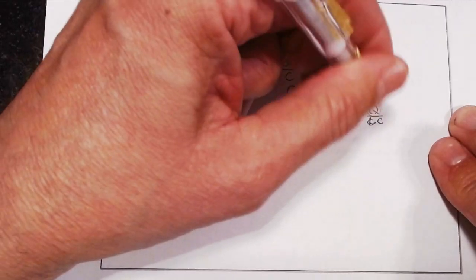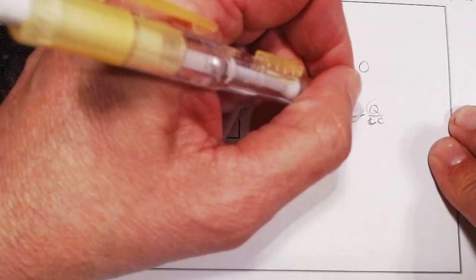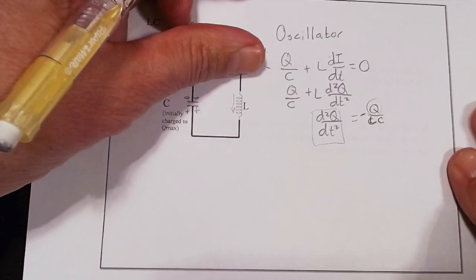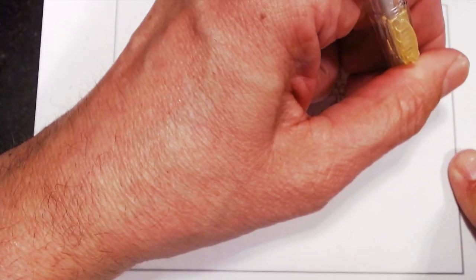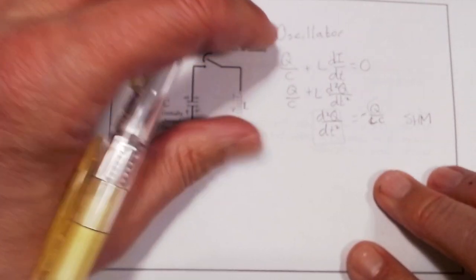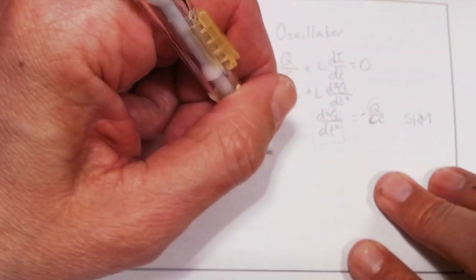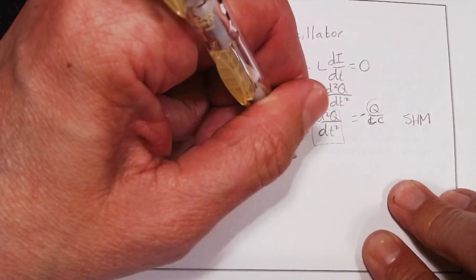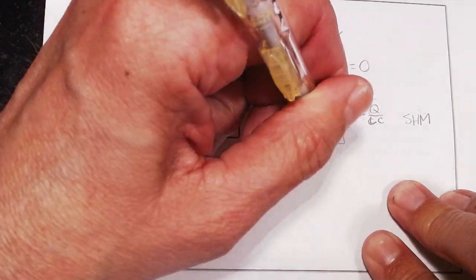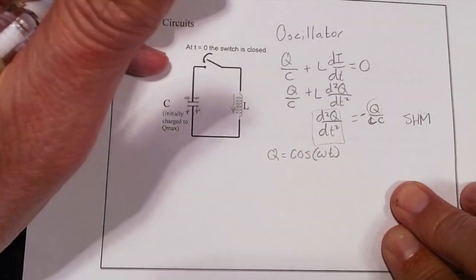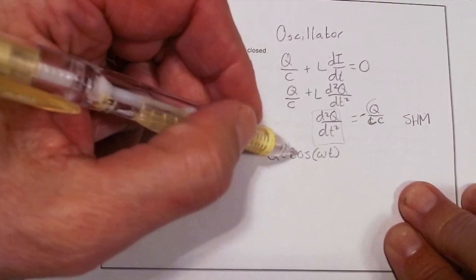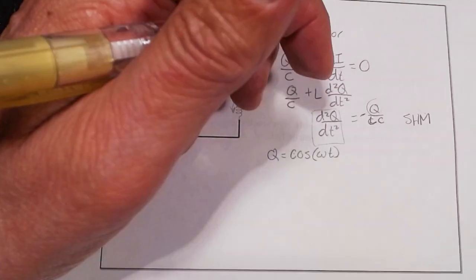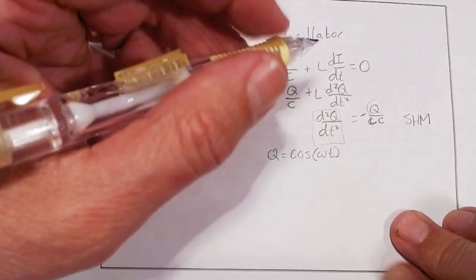I'm hoping you might recognize now you've got a second derivative that is some negative constant times the variable itself, and that's simple harmonic motion. If we just say Q equals cosine of some angular frequency times time, and I'm saying cosine because Q started at some positive amount. We could do a phase angle, but we're not going to worry about that.